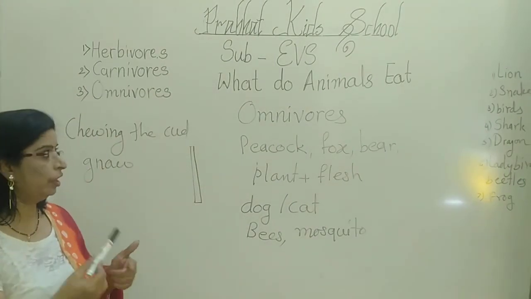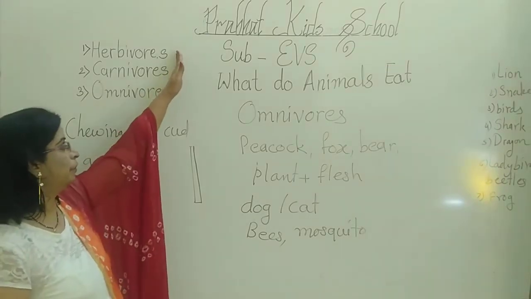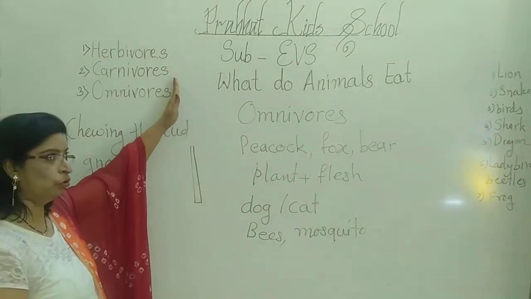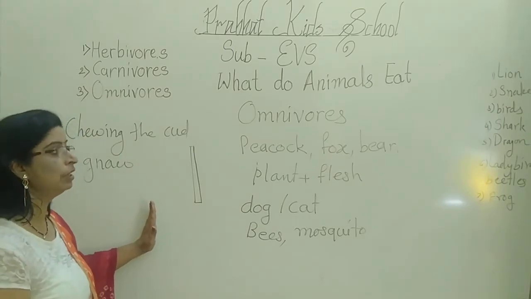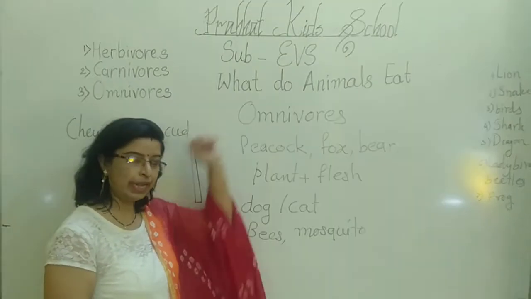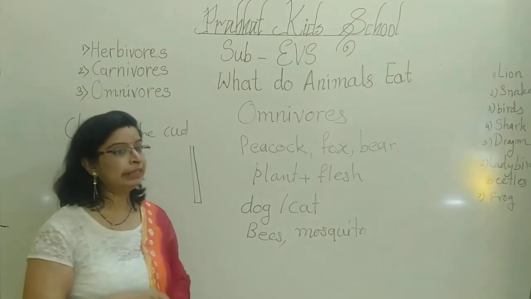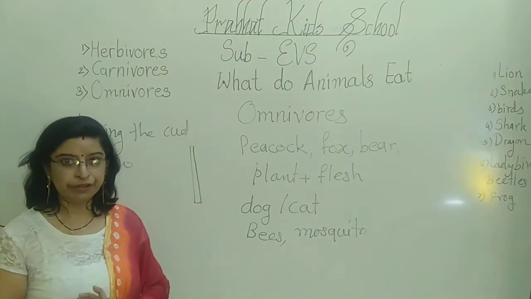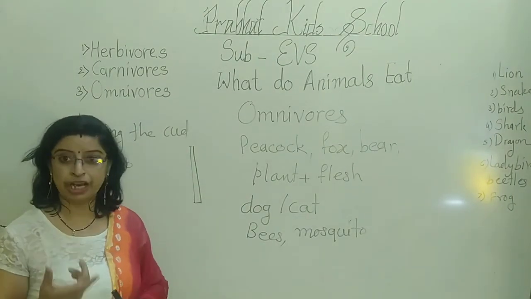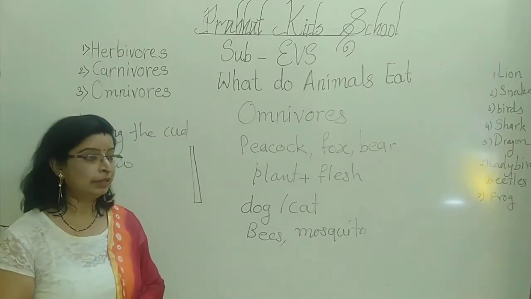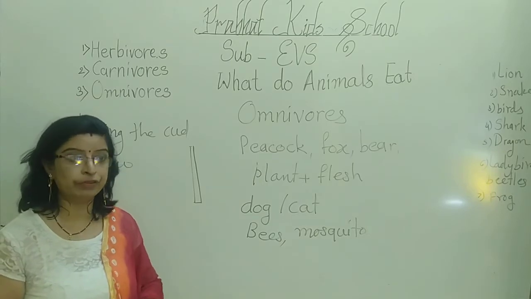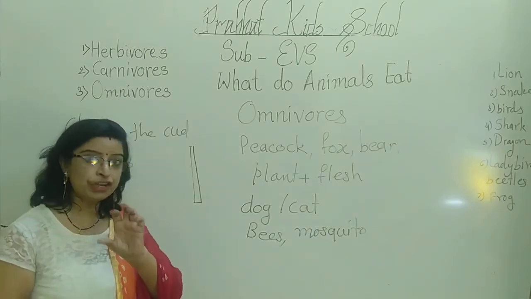Once we recall it: herbivorous, carnivorous and omnivorous. These three kinds of animals are found according to their eating habit. Carnivorous animals have sharp front teeth, sharp strong jaws, strong eyesight, and strong limbs with very sharp claws.